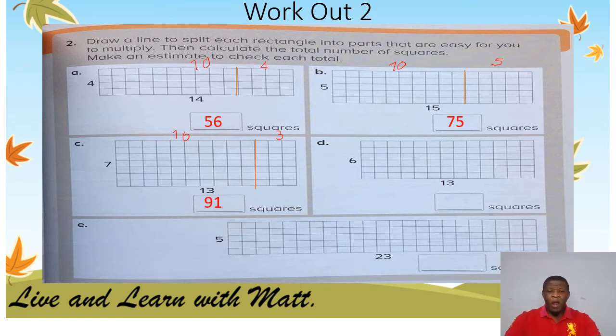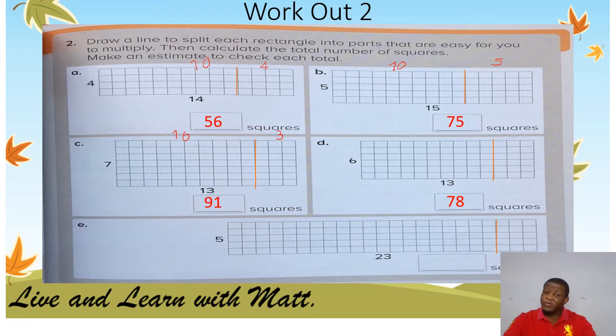Part D, split the 13 into 10 and 3. Then we have 60 plus 18. That will be 78. Part E, split the 23 into 20 and 3.